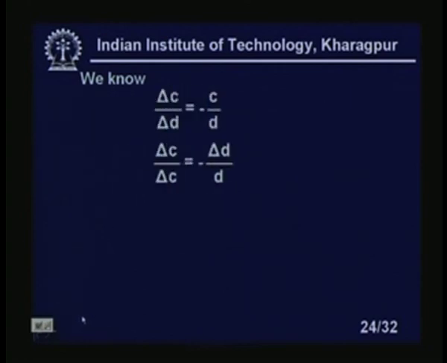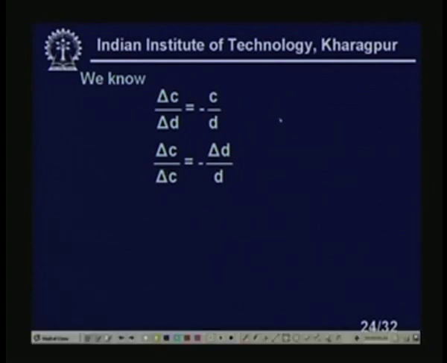We have already seen that C equals epsilon naught epsilon r A by D. So, from that equation I can write delta C by C equals delta D by D, right.